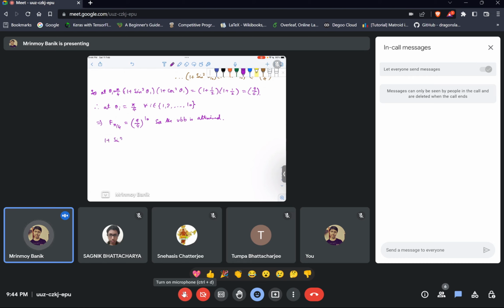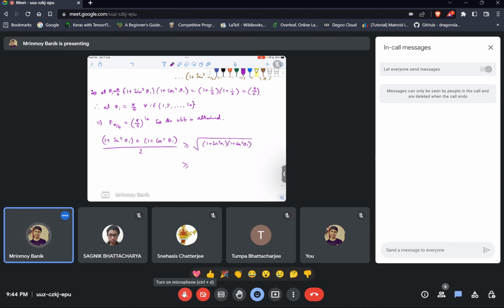So (1 plus sine squared theta i plus 1 plus cos squared theta i) by 2 is greater than or equal to the square root of the product.